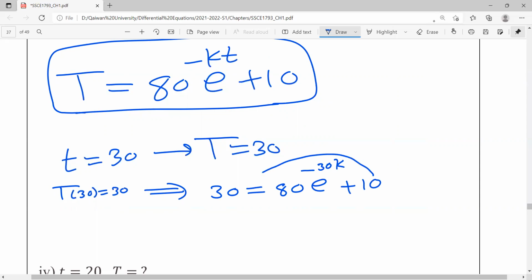We now move this to here. We get 30 minus 10 is 20. 20 equals 80 e to the power minus 30K.